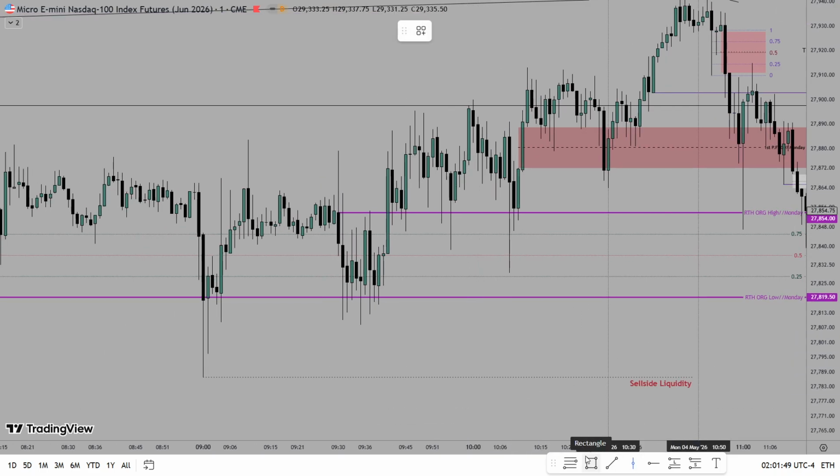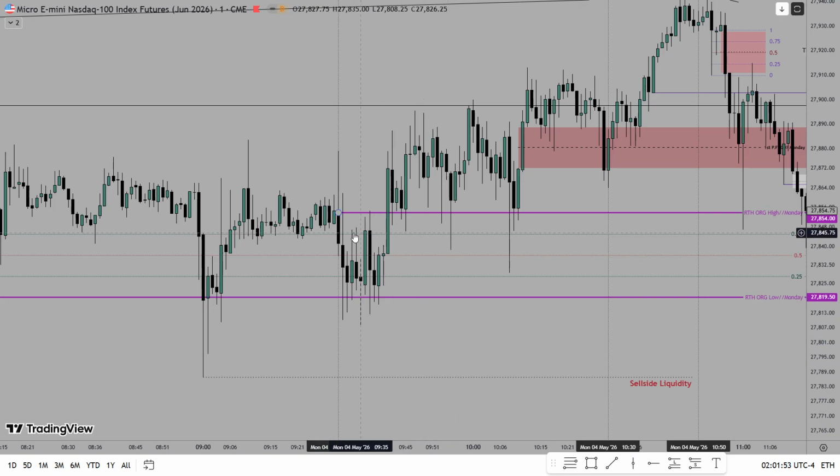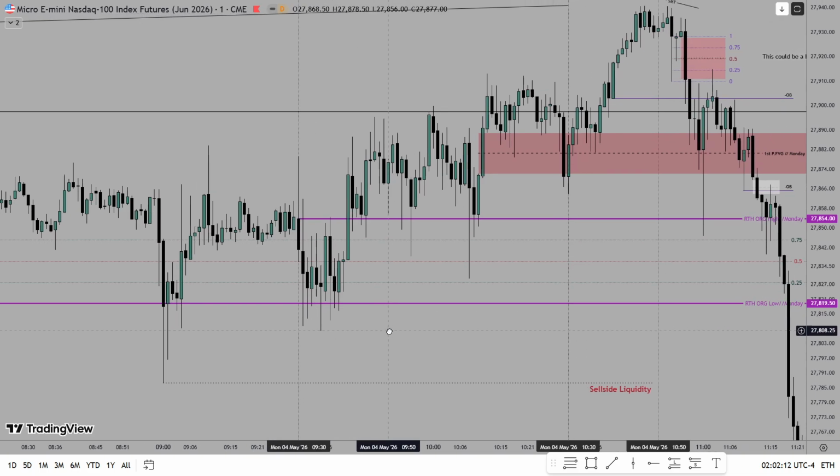So first of all, we mark this 9:30 opening price. Price opened and formed a regular trading hour gap. This is the high of the regular trading hour gap, and this is the low. I also marked a quadrant right here, and let's see how price anticipates and respects these areas.